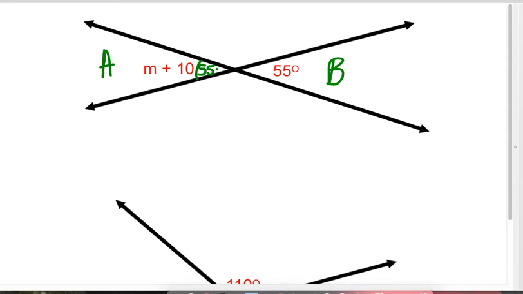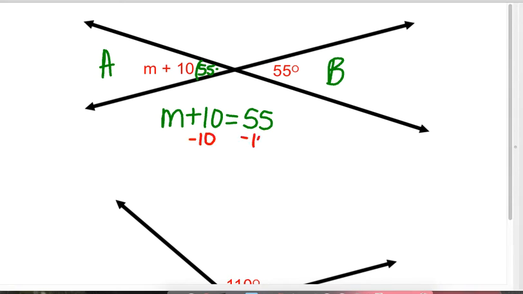So how is that going to help me find the missing value for m? Well, that's really not too difficult. If you know that A is 55, because it's vertical to B, which is 55, you simply set up a one-step equation. Right? So m plus 10 is equal to 55 degrees. Now, to solve for m, I hope you remember what to do.